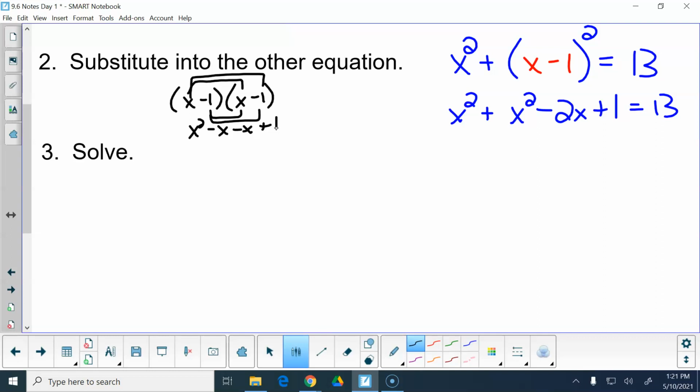Okay? So that can then simplify to be 2x squared minus 2x minus 12 equals 0. What did I do there? Combine the x squared terms. Yep. And then you subtracted the 13.